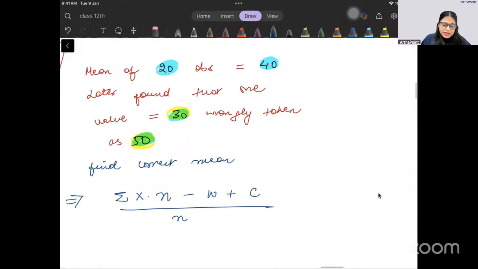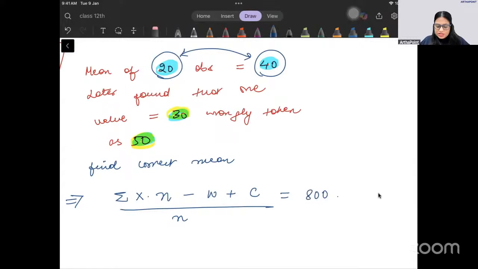So you will find the total: 40 into 20, 800. You will subtract the wrong observation that you had taken. You will add back the new observation. So this will be your new sum, divided by the number of observations. And this will be your corrected mean.